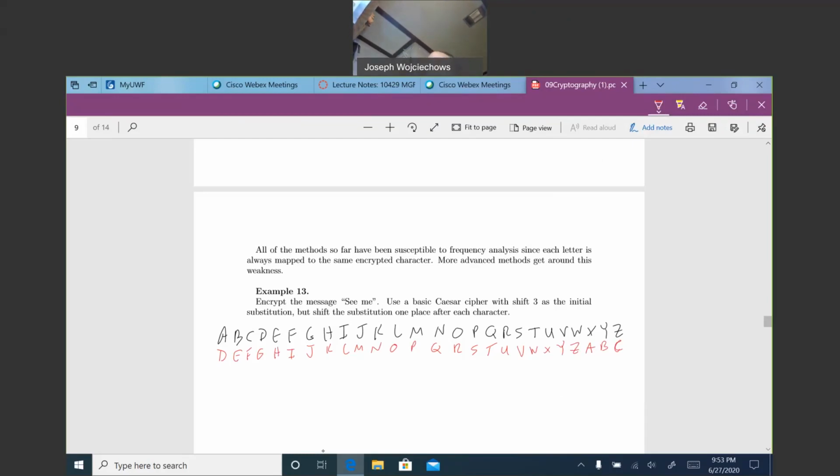So, we start with our first letter, which is S here. So our first letter is V. Okay, now we need to shift this over 1. So now we have D. And what am I looking for? E. So on here, which gives me an I.